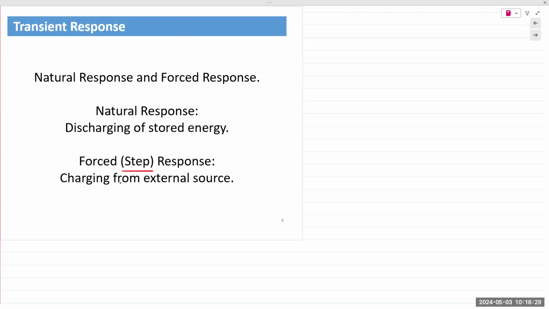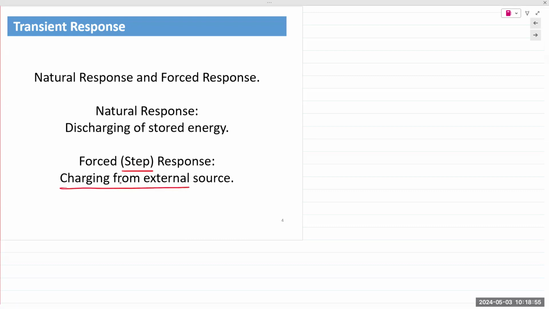All circuit analysis where we connect a source is forced response because the response is being forced from the component because of an externally applied energy source. Again, it has a negative connotation, but it's not as sinister as the word sounds. It's basically charging from an external source that is referred to as a forced or step response.